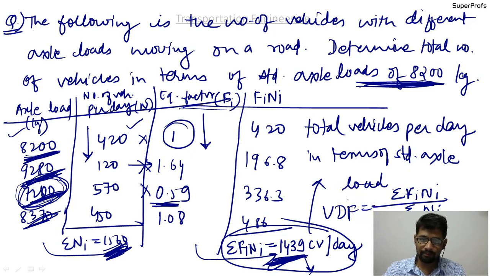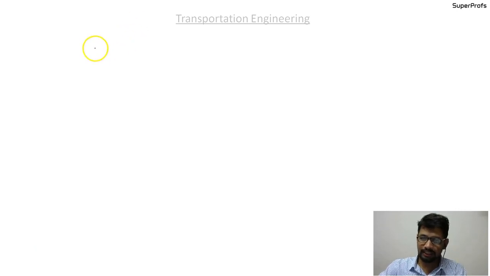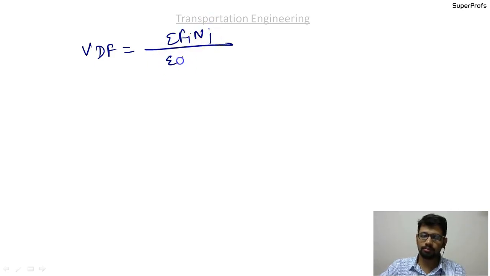The vehicle damaging factor VDF is equal to summation FiNi upon summation Ni. It is the damaging capacity of the vehicle on the road.